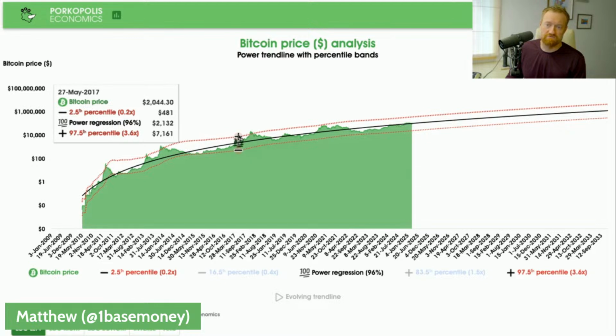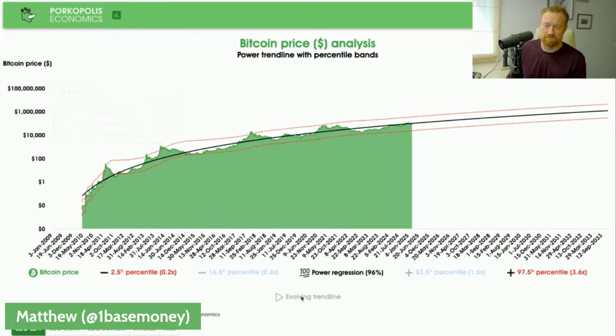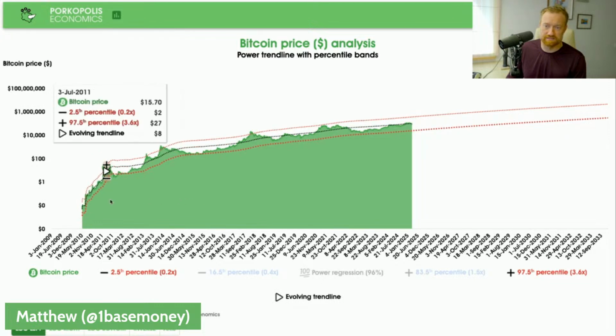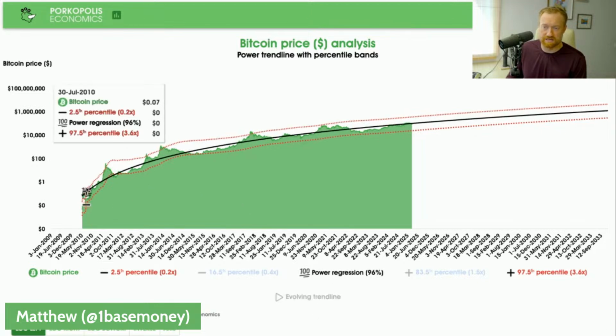From the end of 2016, start of 2017, those red lines are looking really good around the all-time trend line. The evolving trend line is here. That's my evolving trend, that's how I get my multiples. But the all-time power trend is more interesting to look at, and it's more interesting to see how predictive it could be in the future.